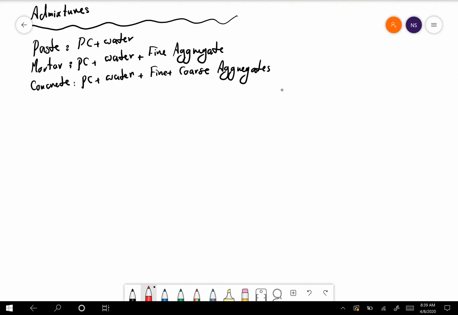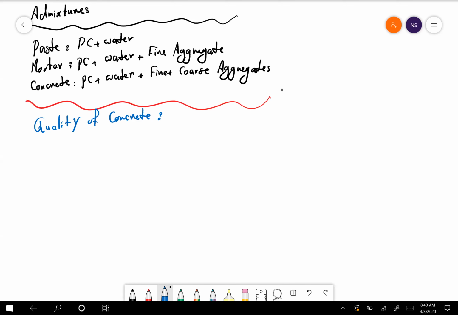Now, we also need to know that the quality of the concrete depends on the chemical composition.